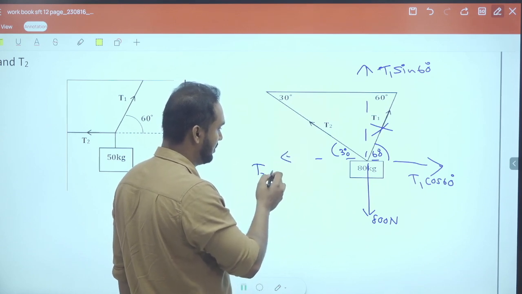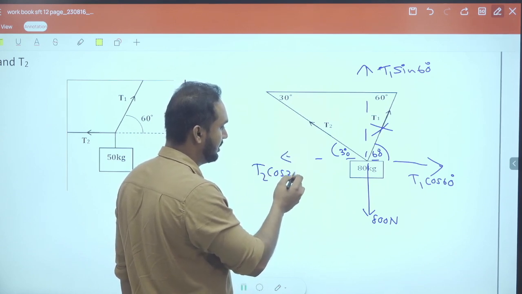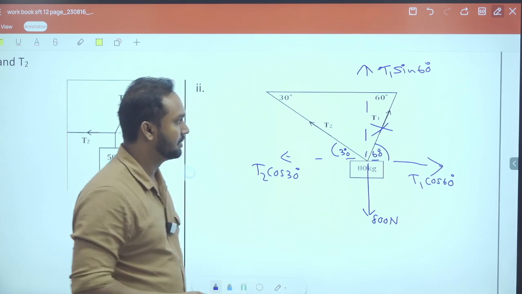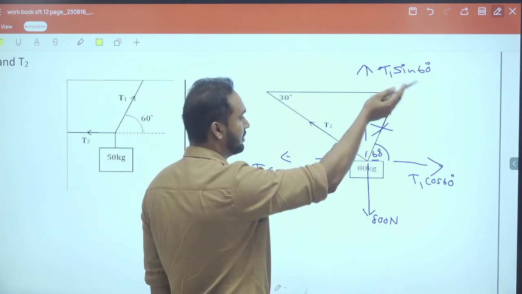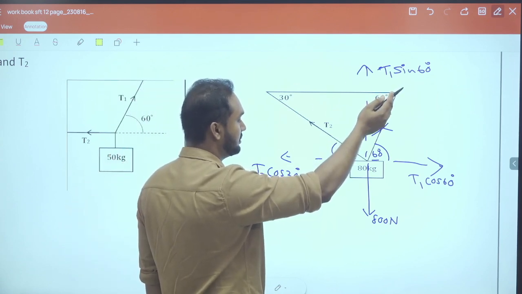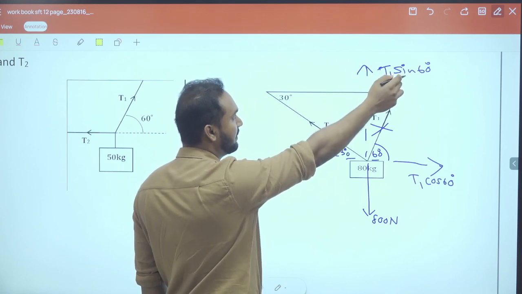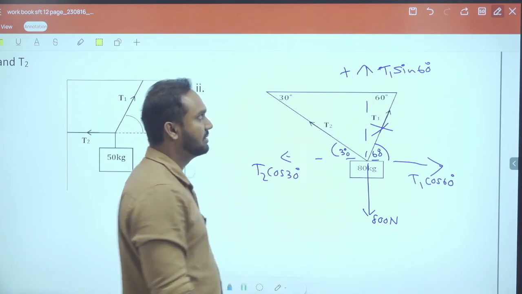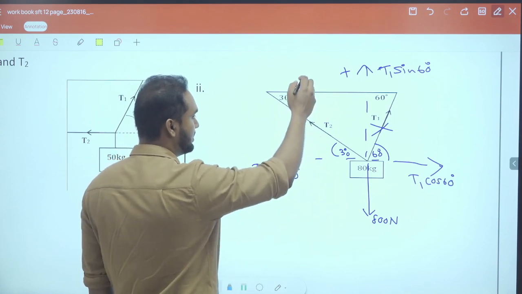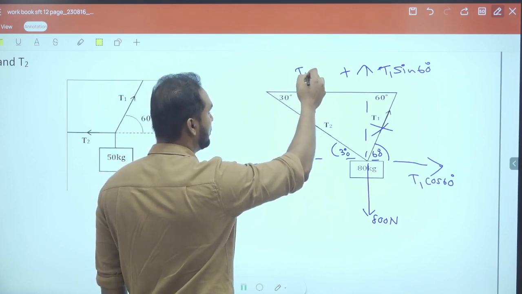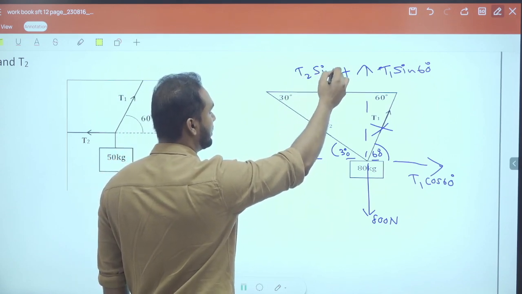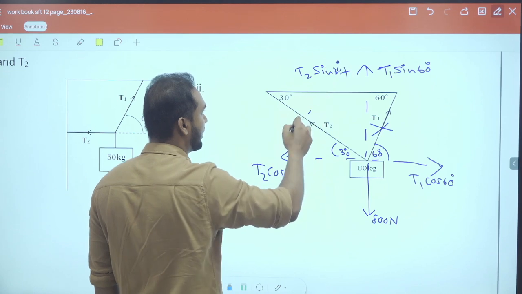T2 cos 30 is one component. The other component is T2 sin 30, which should add to the T1 sin 60 because they are in the same direction, right? T1 sin 60 plus T2 sin 30. Now you can cancel this out.